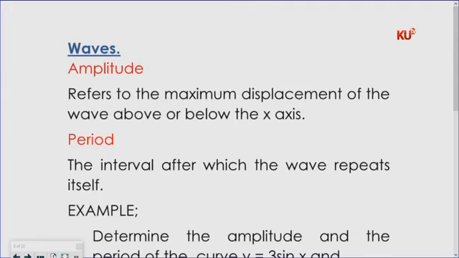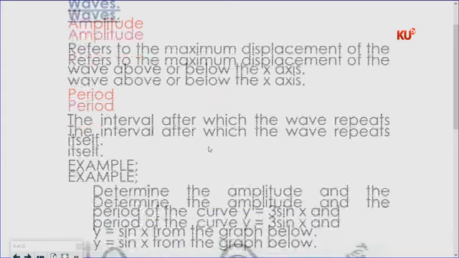I'll be explaining this using the next example. The period is the interval after which the wave starts to repeat itself. In most cases, the period is always in degrees or in radians. Then the amplitude is like the displacement, so we shall be looking at the units for that.